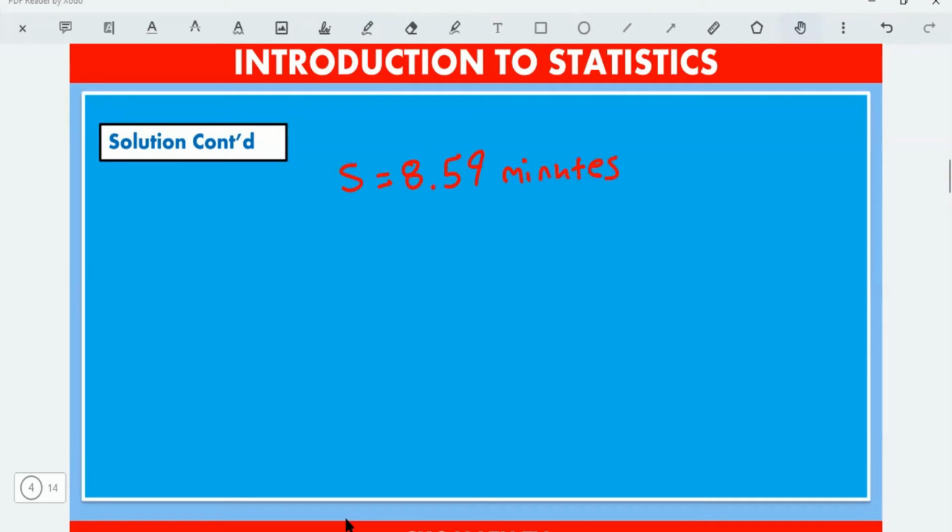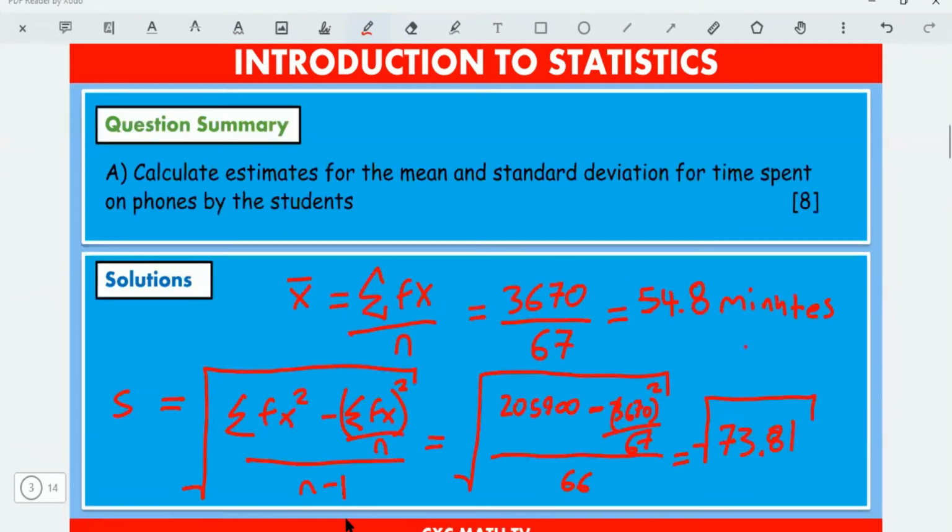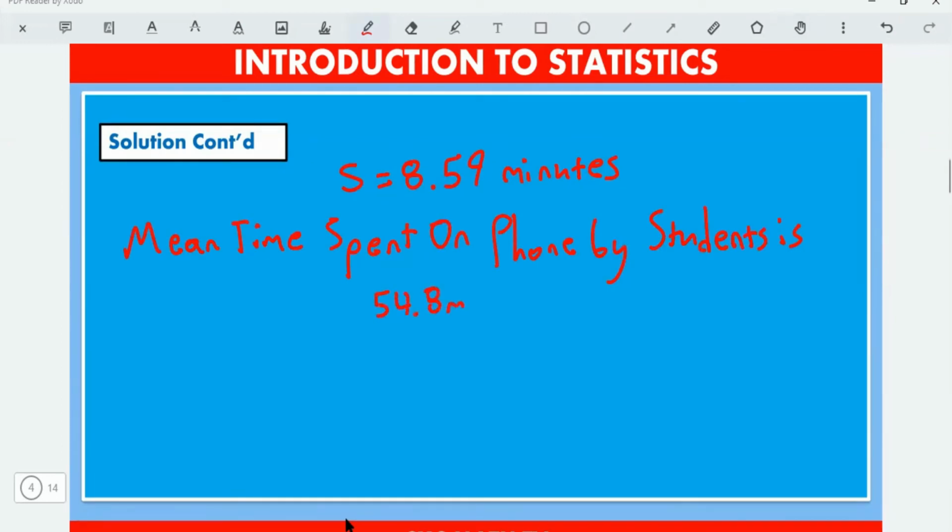If you want to write it out in words, you can tell them that the mean time spent on phone by students is, and you tell them what the mean time was. The mean time was 54.8 minutes per day.